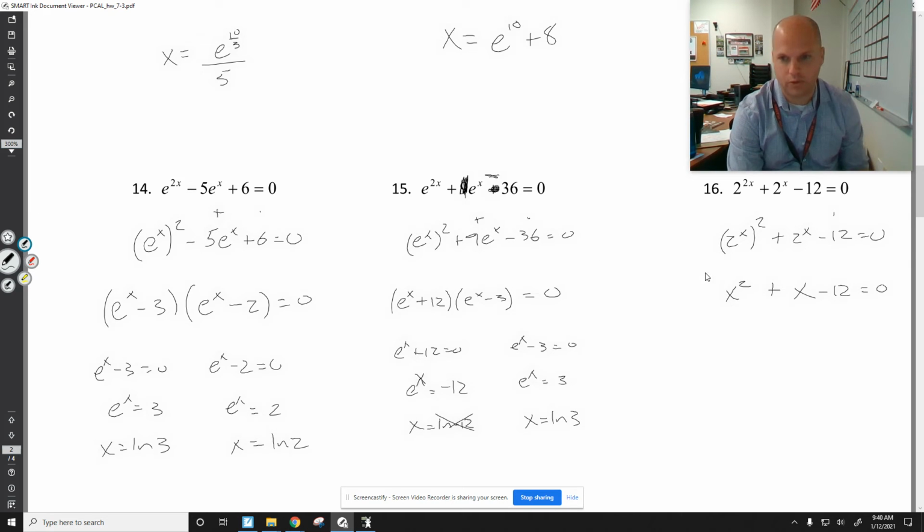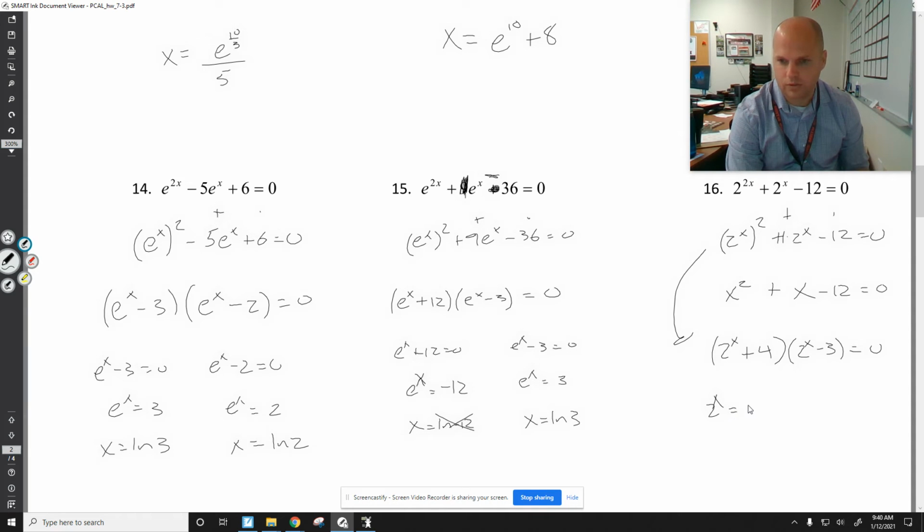That's what you would do here. You'd say, I'm looking for two numbers that add to get 1 and multiply to get negative 12. That's positive 4, negative 3. So 2 to the x plus 4, 2 to the x minus 3 equals 0.